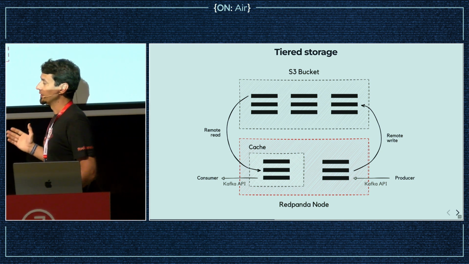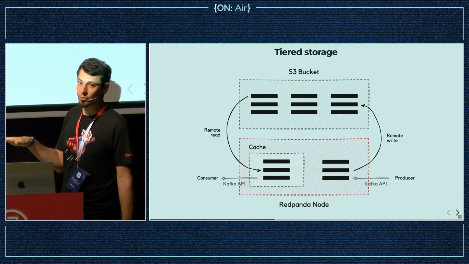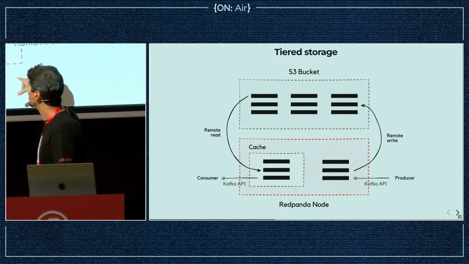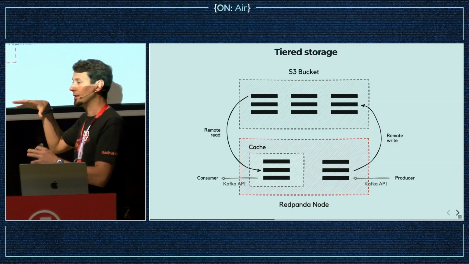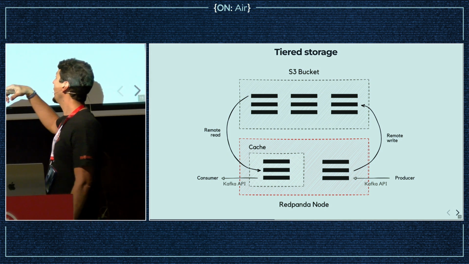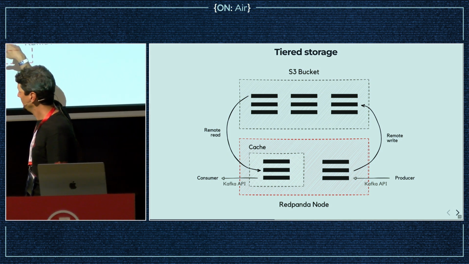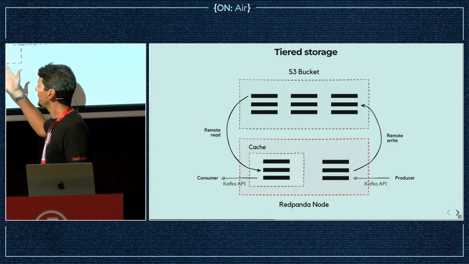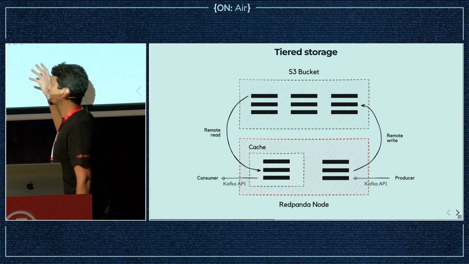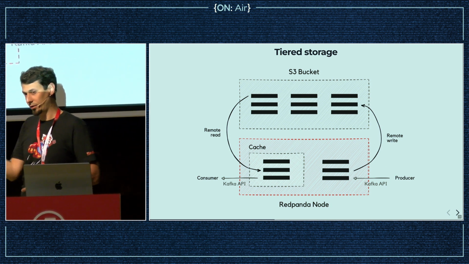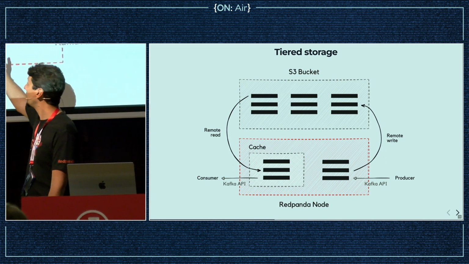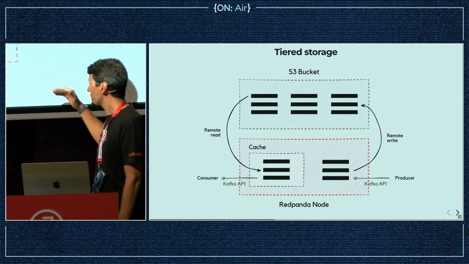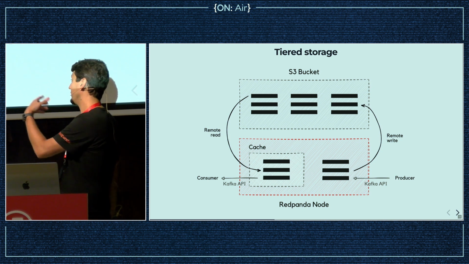Very often customers look for cost reduction opportunities. So we provide this tiered storage service, which allows Redpanda, before deleting data from the local disk, to upload it to an object store, like an S3 bucket or Google Cloud Storage. This data is then still readable through the Kafka protocol. Obviously, the user has to accept the latency, as this data may have to be downloaded to the cache first, and only then can be delivered to the consumers.